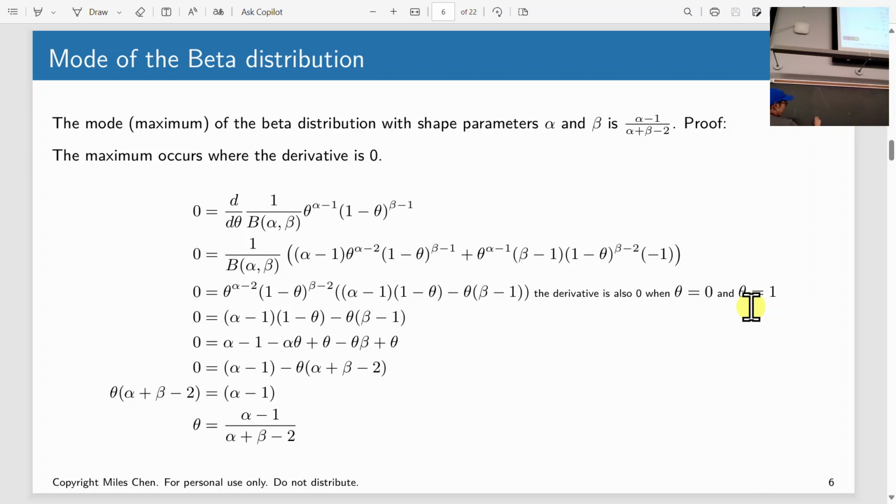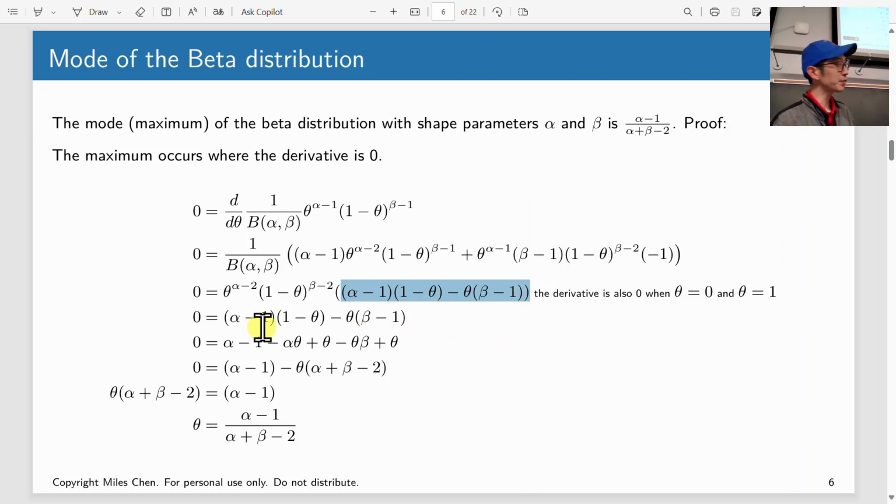This is going to be our one. So these are the trivial cases, so we'll just factor out or get rid of the theta to the alpha minus 2 and the 1 minus theta to the beta minus 2.